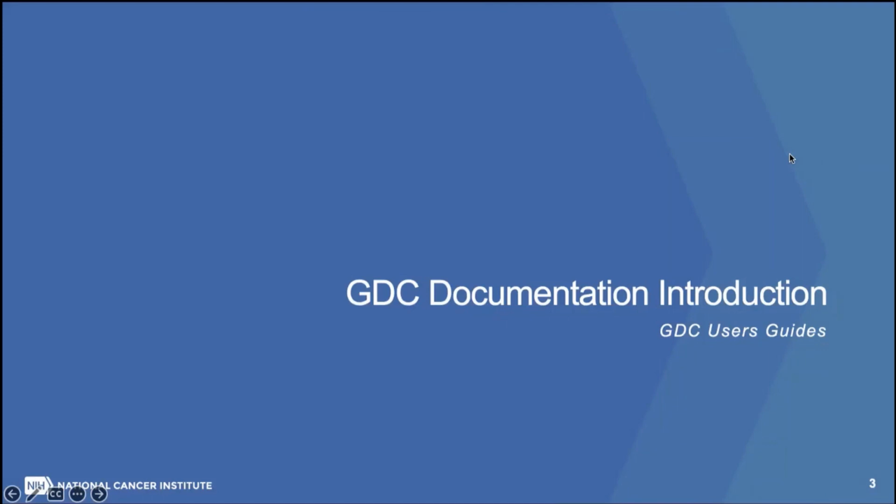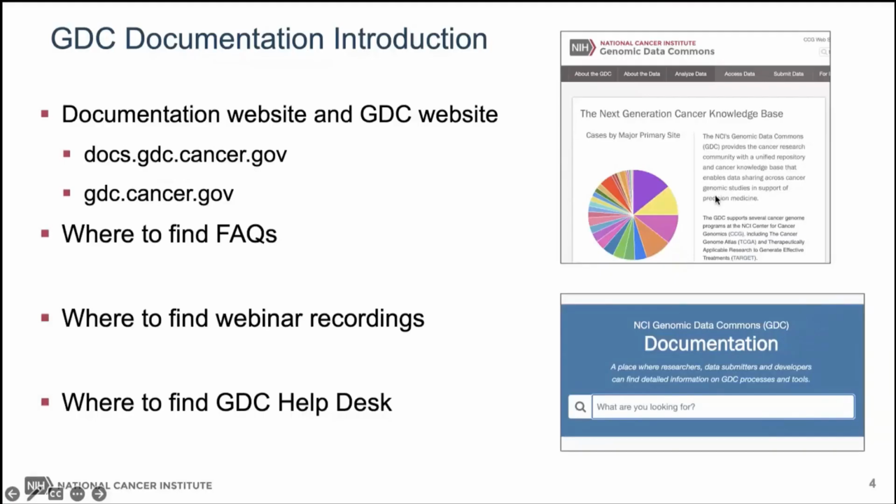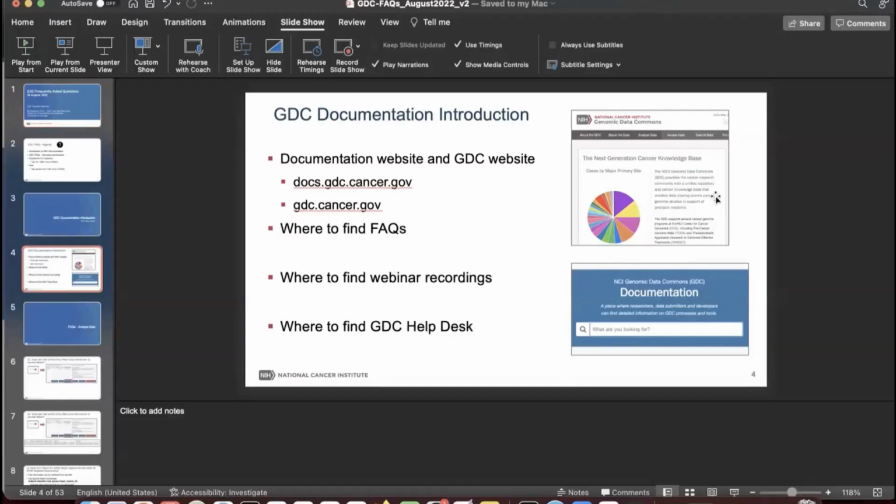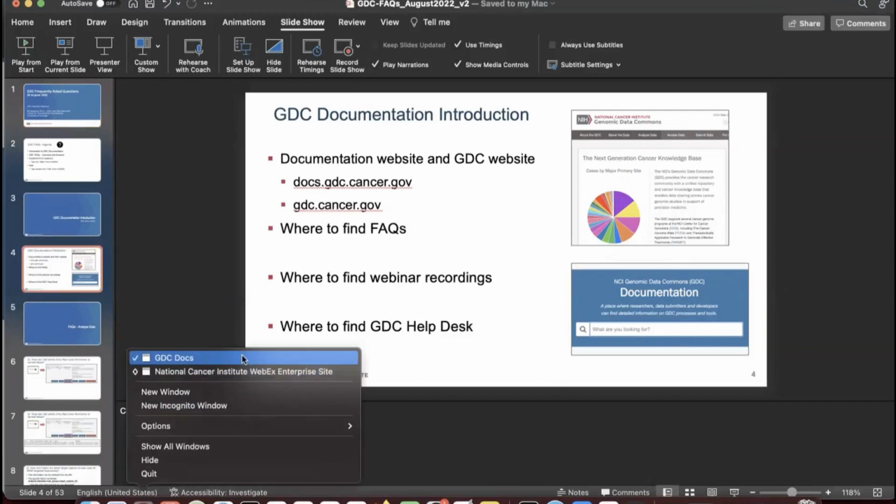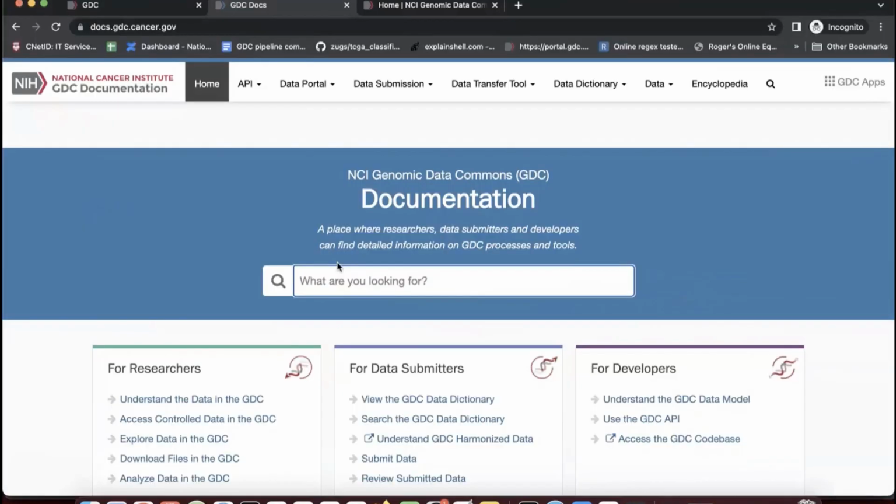So getting started, I just kind of want to show you around where the GDC documentation can be found. So this is an outline here, but we're going to start at the GDC documentation website, docs.gdc.cancer.gov.